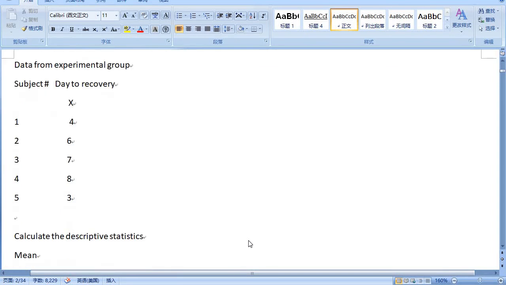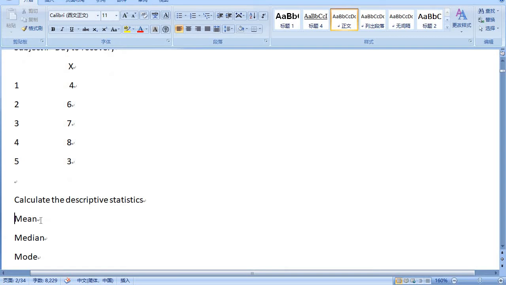So we need some descriptive statistics. We need to calculate the means. The mean is a very common way to understand the average characteristic of a group. Let's calculate the mean. In order to calculate the mean, the first step is to calculate the sum. The sum, you add all the numbers up.